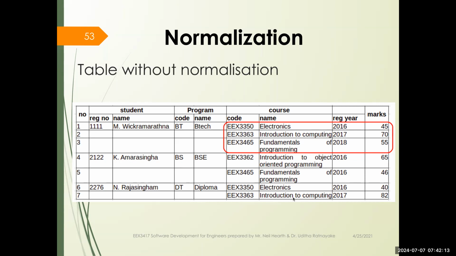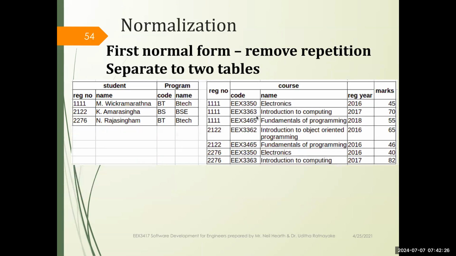These are called redundancy. Unwantedly repeating values are there. When you are normalizing, first you have to remove these things. This is first normal form. You can remove repeated values and separate them into two tables.